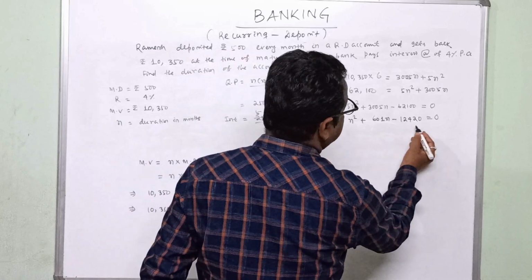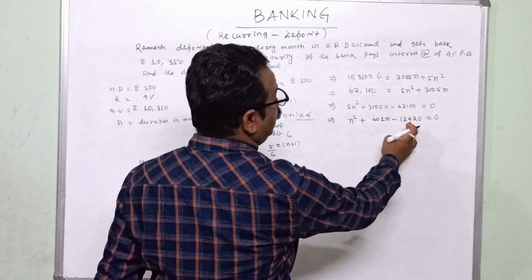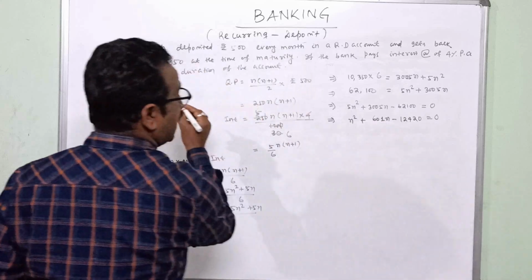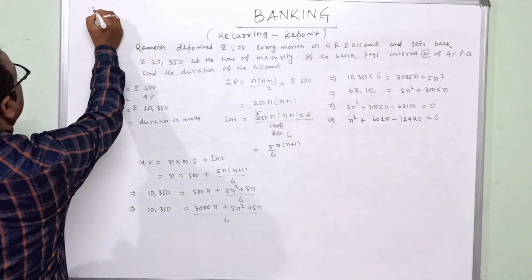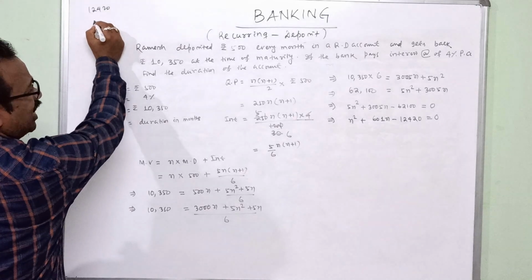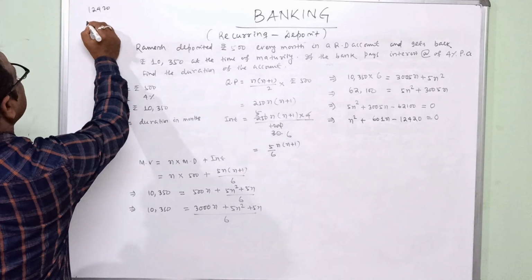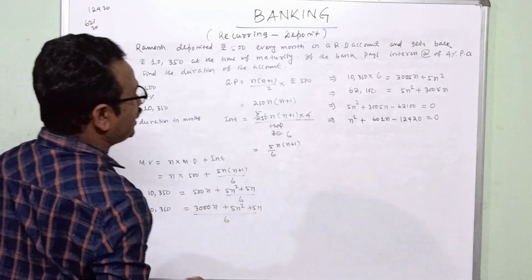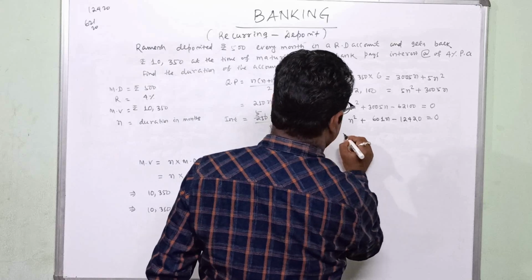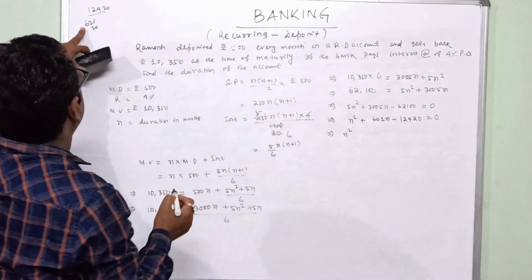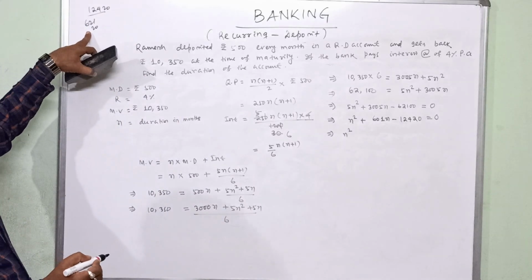Now, middle term factorization: 12420 and 601. Generally here you just do one thing, that is coming 601 is 621 minus 20. So I have calculated 621 into 20.